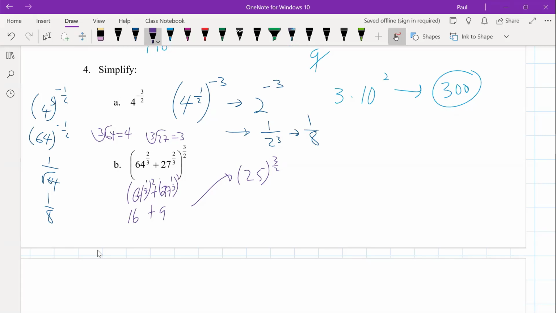So 64 to the 1/3 is 4, and 4 squared is 16, and 27 to the 1/3 is 3, and 3 squared is 9. So the number in parentheses is just 25. Now what is it? Take the square root first, and then cube it. And then you get 125. Yeah. Oops. Rats.